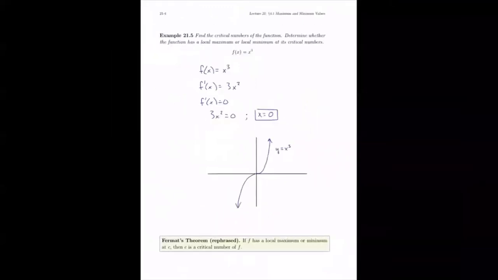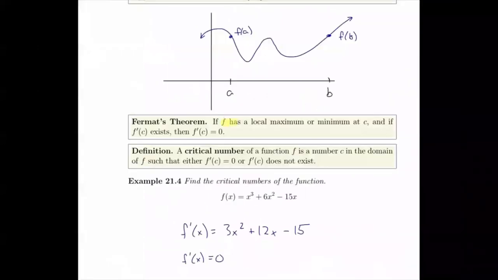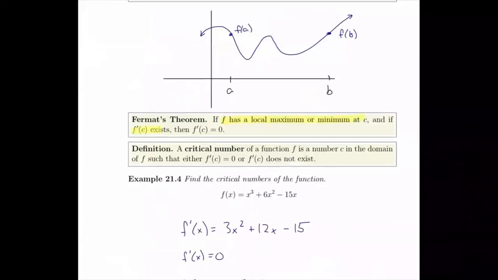Let's go back and look at that theorem. If f has a local maximum or minimum at c, and if f prime of c exists, then f prime of c is equal to 0. What we're doing now is the converse. All we've done is found a place where f prime is equal to 0. F prime of 0 is 0.